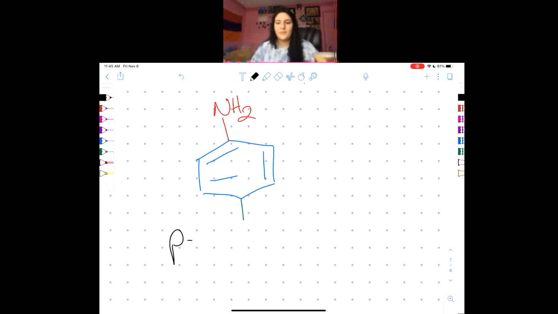So P for para, and then out of these two groups, which one will take priority in naming? NH2 or the methyl? Yes, NH2, you are correct. So that's going to be the suffix. So we have para, methyl, and then someone please remind me, what is the common name for a benzene ring with an NH2?